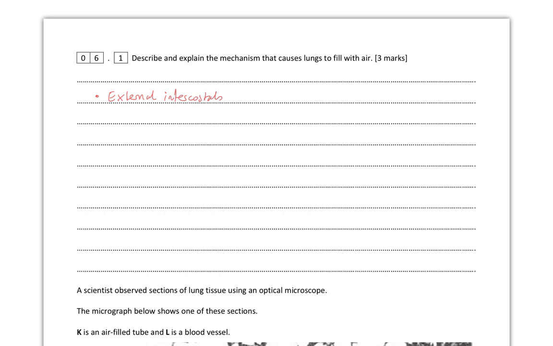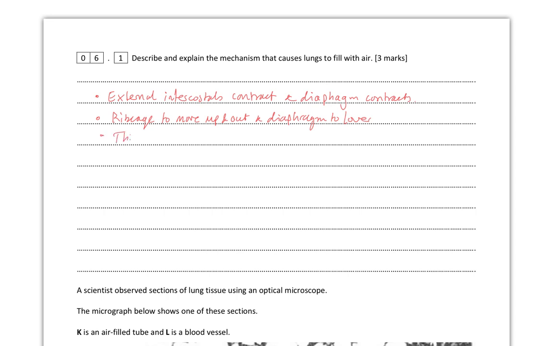Intercostals contract, and the diaphragm contracts. So that causes the rib cage to move up and out, and diaphragm to lower.